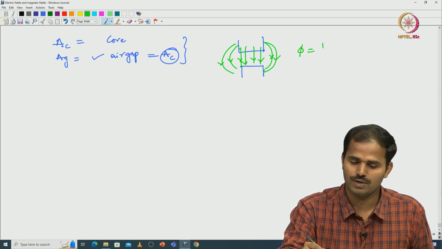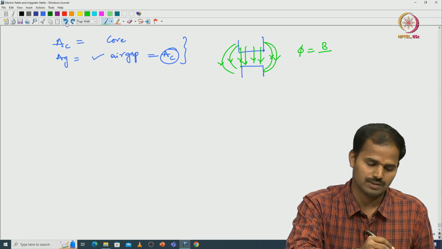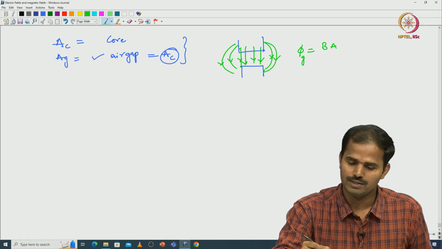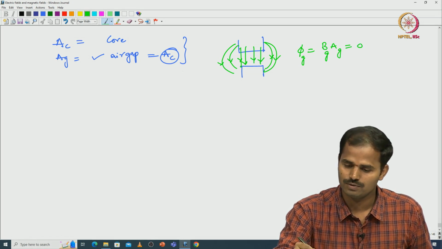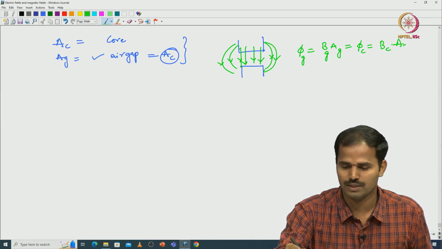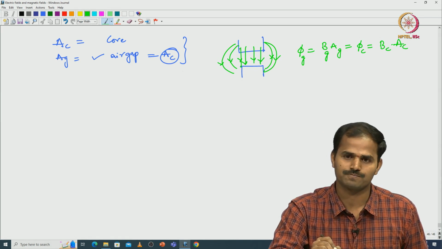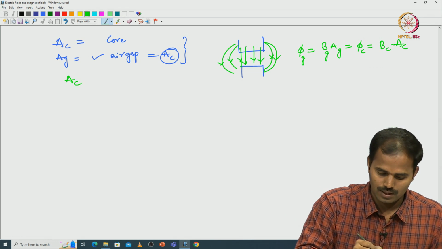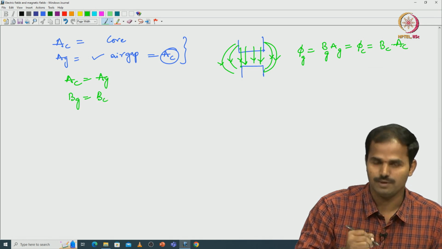Here flux equals B into A, magnetic field lines over an area. So phi g equals Bg into Ag, and it is equal to phi c, that is Bc into Ac, because we are considering uniform flux over the core. Now we can conclude that if Ac equals Ag, then Bg equals Bc.